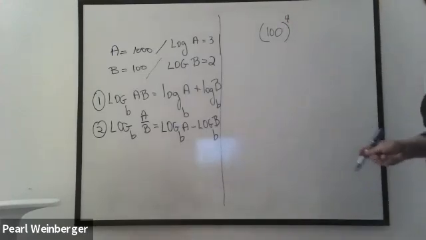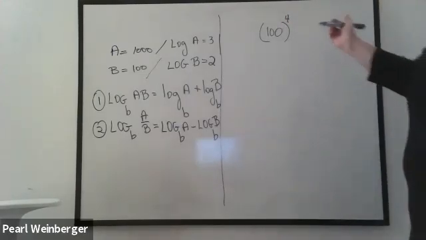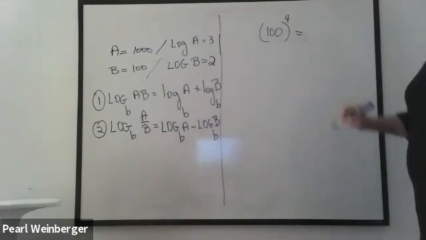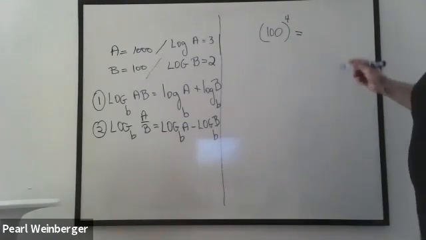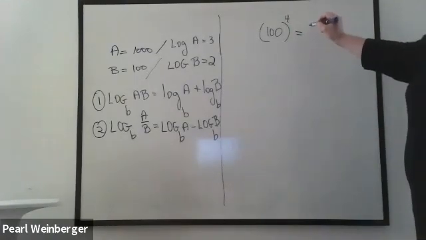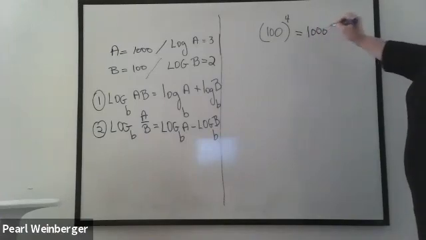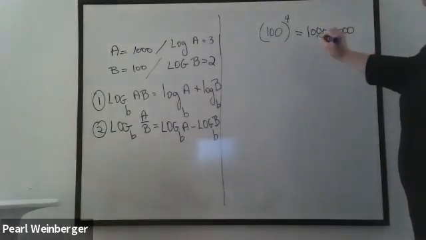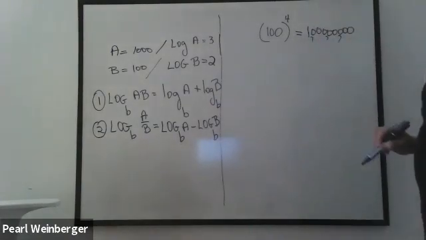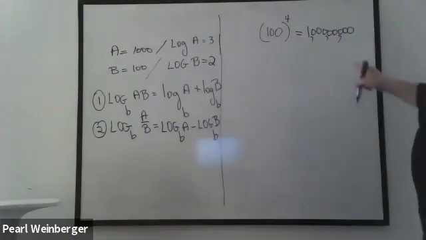Now, of course, you can do this on your calculator. You could do 100 to the 4th power, which is 100 times 100 times 100 times 100, which gives you a 1 with 1, 2, 3, 4, 5, 6, 7, 8. I did something wrong.